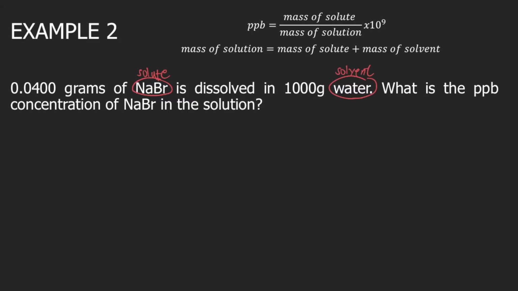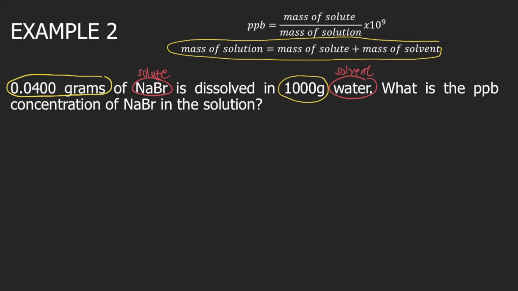In this problem, we are not given the mass of solution. Instead, we are given the mass of solute, which is 0.0400 grams, and the mass of solvent, which is 1,000 grams. I told you earlier to take note of this formula. Mass of solution is equal to mass of solute plus mass of solvent.